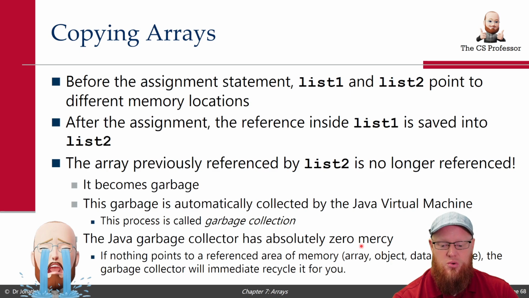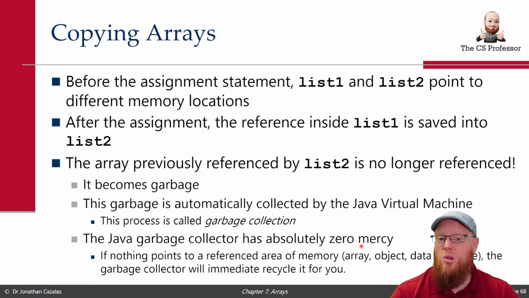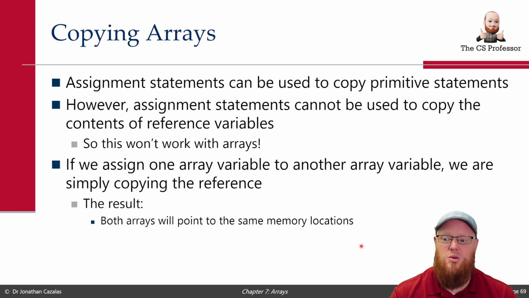As soon as a referenced area of memory, maybe that be an array, an object, or some other data structure, is no longer being referred to or pointed to, Java garbage collector will immediately recycle it for you, which is a good thing, but that also can be a bad thing if you thought you had access to your array, you moved the pointer, you moved the address, and nothing's pointing to your array anymore. The Java garbage collector will immediately delete it.